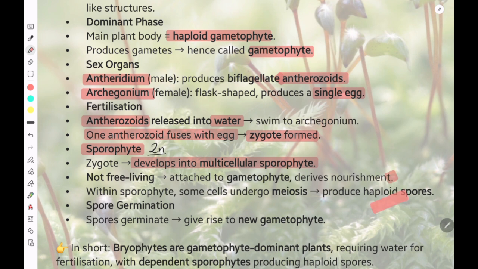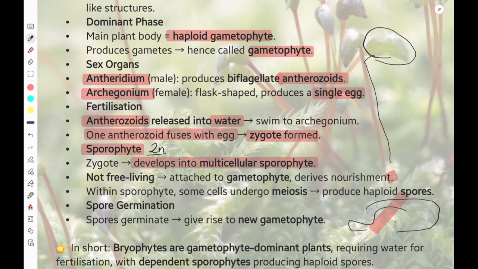Here at the bottom is the gametophyte, and this structure is the sporophyte, which is dependent upon the gametophytic body. It is already written: not free living. The sporophyte is not independent, it depends on the gametophyte body.